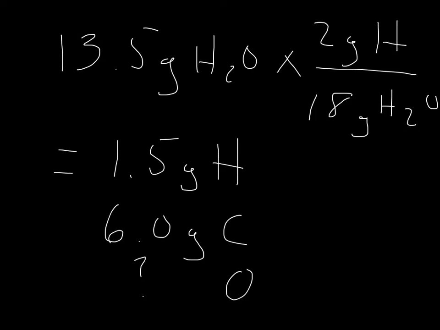So we're not exactly sure whether the oxygen comes from the ethanol or the oxygen that burned. I mean the oxygen that's in the water and in the carbon dioxide. So we can't use a percentage method to figure out the amount of oxygen, like we did for hydrogen and carbon, because some of the oxygen comes from the ethanol, and some of it comes from the oxygen when it burned.